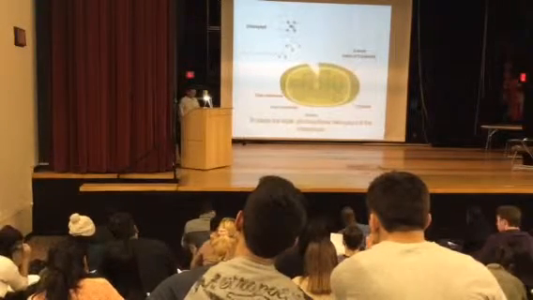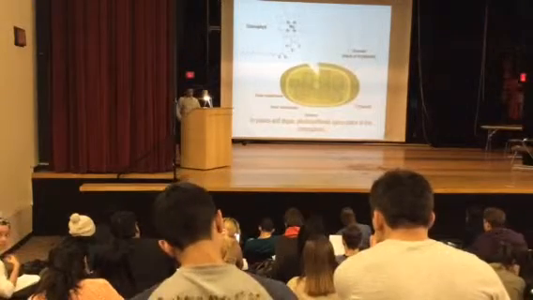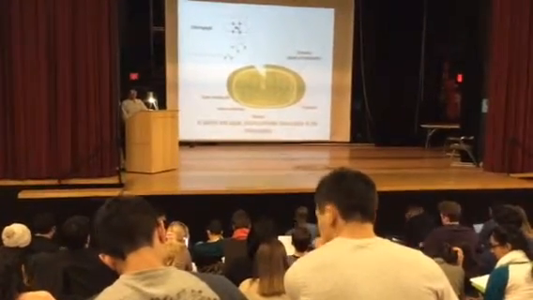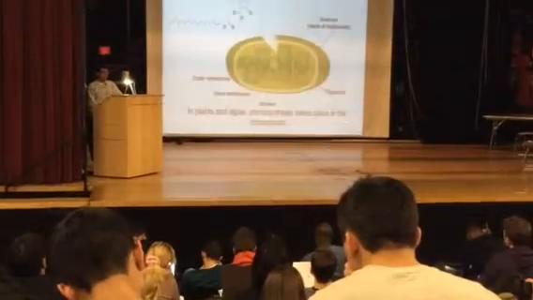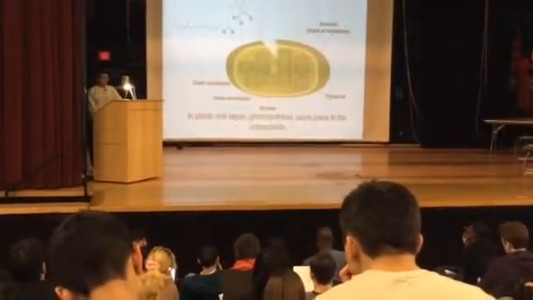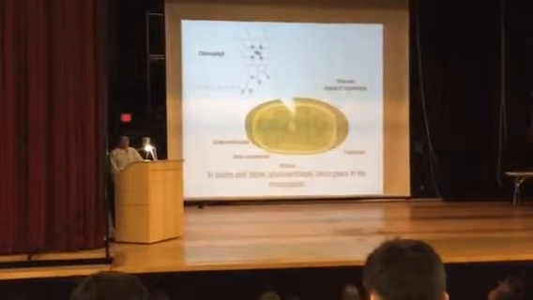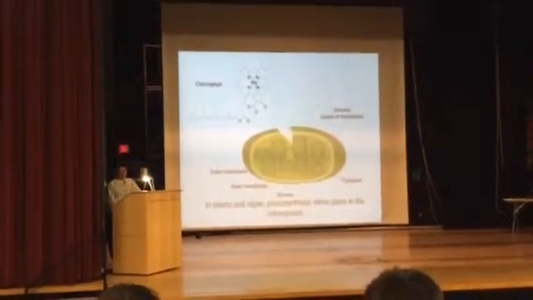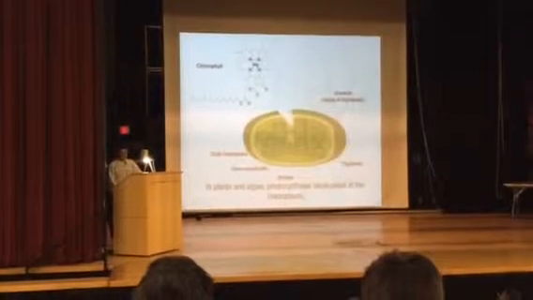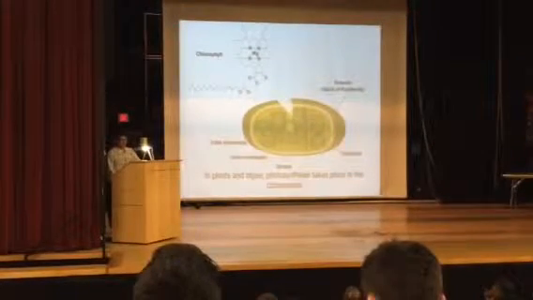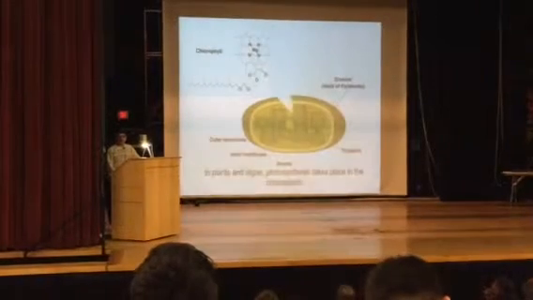So there is a small problem with this figure from your textbook. Which part of the chloroplast should be green? Only the grana should be green because that's where the chlorophyll is.